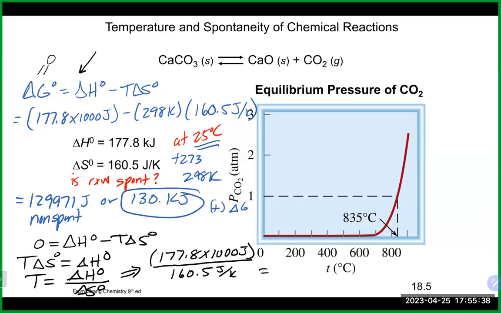If I do that, I end up with 177.8 times 1,000 divided by 160.5, which gives us 1,108 Kelvin.